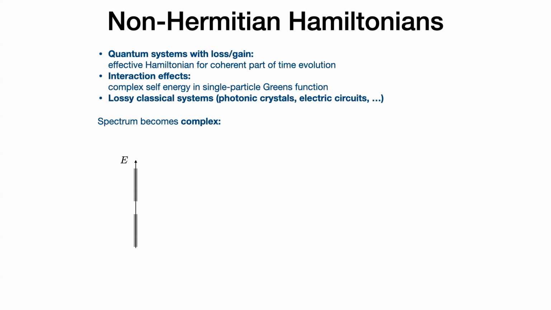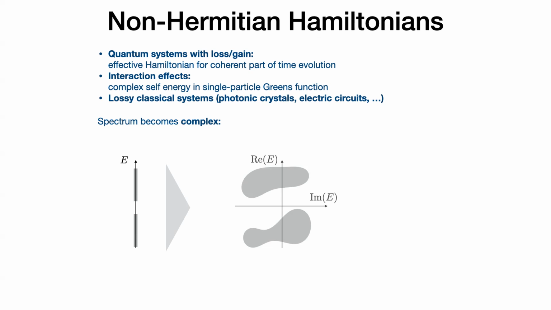So there's an important point here about how we define topological phases in these systems. In the case of a Hermitian system, we had a real energy. So all the energies were just along one line in the complex plane. Now in a non-Hermitian system, in general, we will have complex energies. So a real and an imaginary part of the energy. And there are two distinct cases. Here I'm showing you one case. It's the boring case.